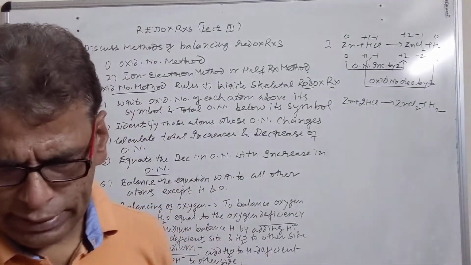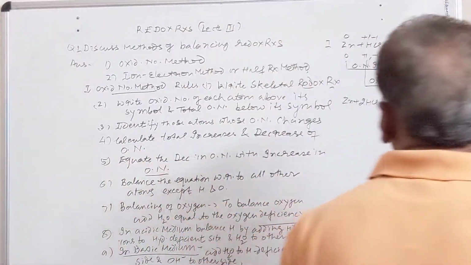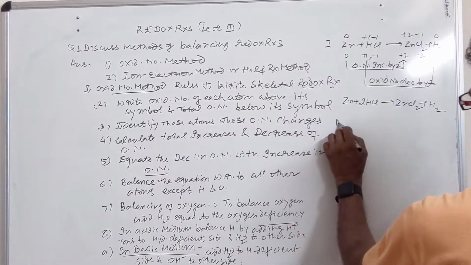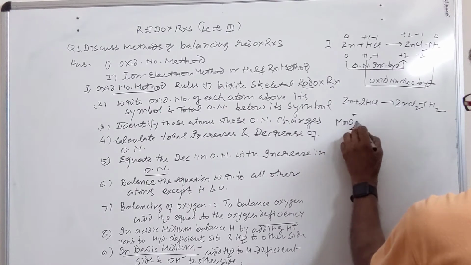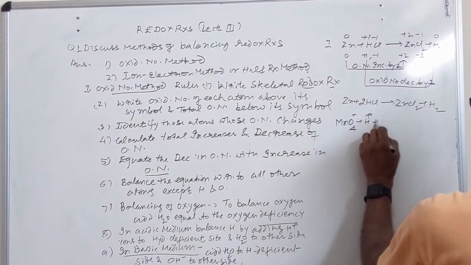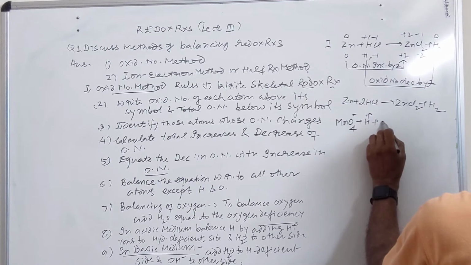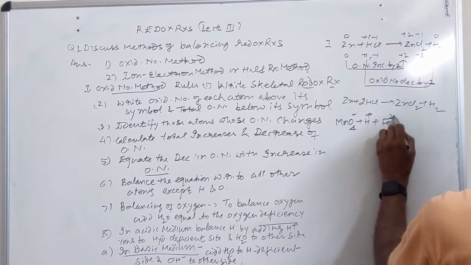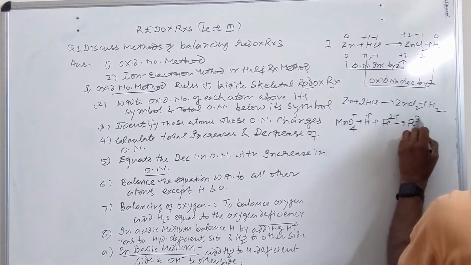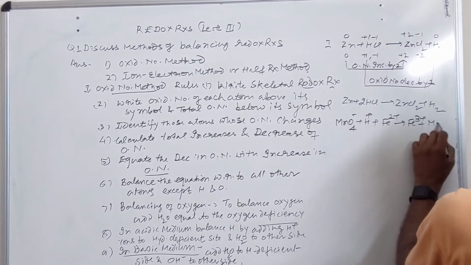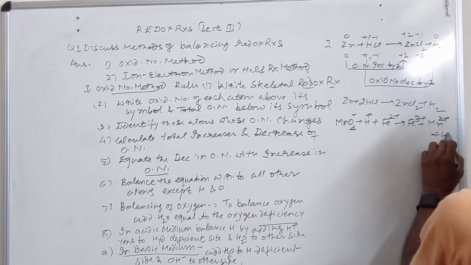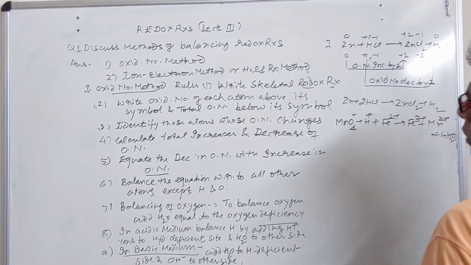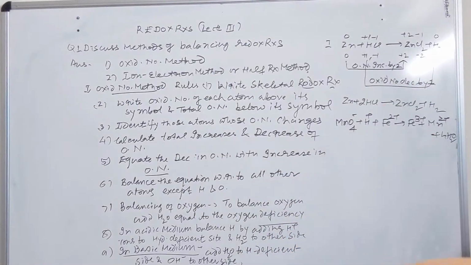For example, we have a reaction: MnO4 negative combined with H positive in the presence of oxalate ion or ferrous ions. It is giving Fe3 positive, Mn2 positive and 4 water. Now this equation has to be balanced.